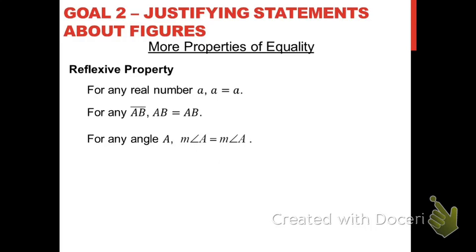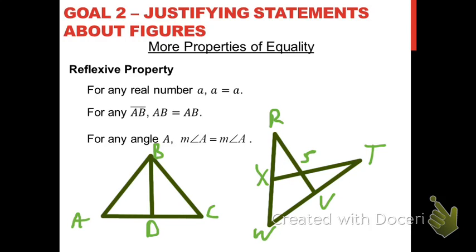All right, now let me give you an idea of where you actually might use the reflexive property. I'm going to draw a couple figures real quick. Now, I've drawn a couple pictures. In this first one, sometimes what we try to do is we try to prove that triangles are congruent to one another. And it often happens where you have triangles, such as triangle ABD and triangle CBD, that are reflections of one another in some line. Now, when you're trying to show that the triangles are congruent, you have to say that all their pairs of sides and all their pairs of angles are congruent to one another.